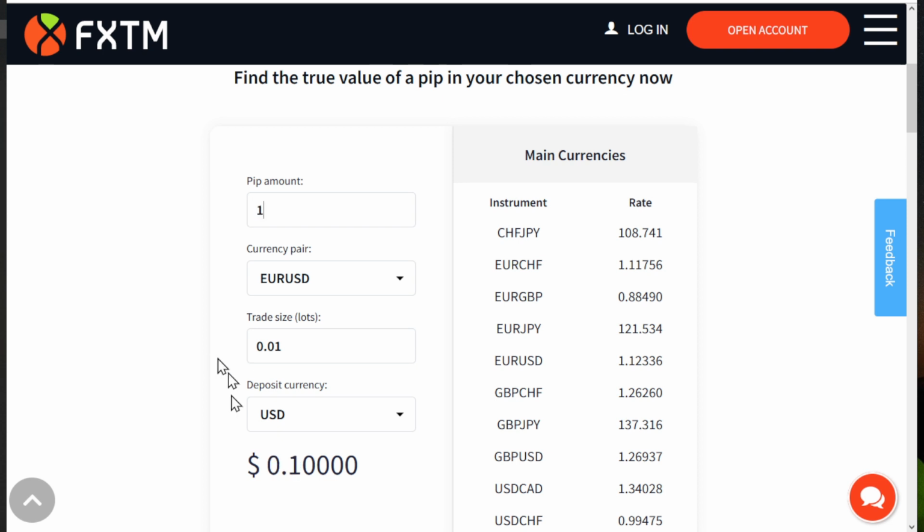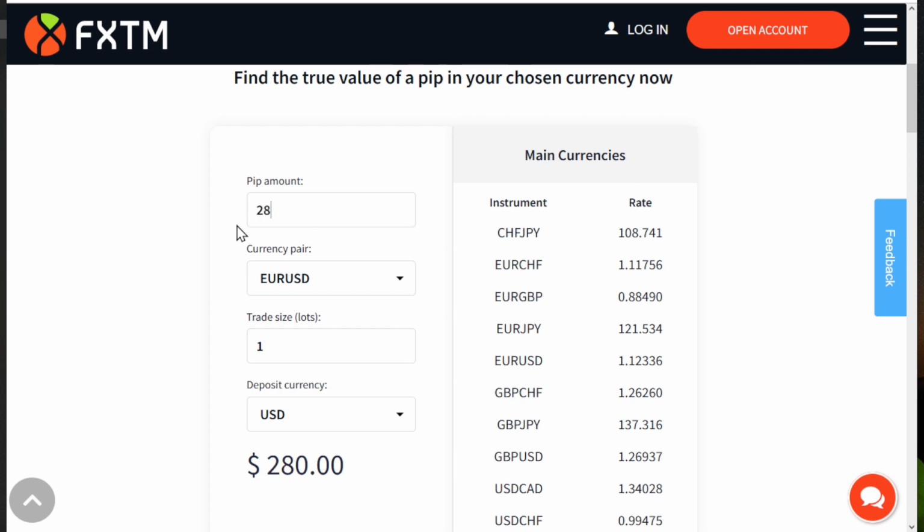Here's 1 pip movement. There's 10 cents. Here's 2 pip movements, 20 cents. 100 pip movements, $10. Okay? Pip movement 1. But now my trade size is a mini lot. Or then my trade size is 1 lot, $10. Okay? You remember how that works?